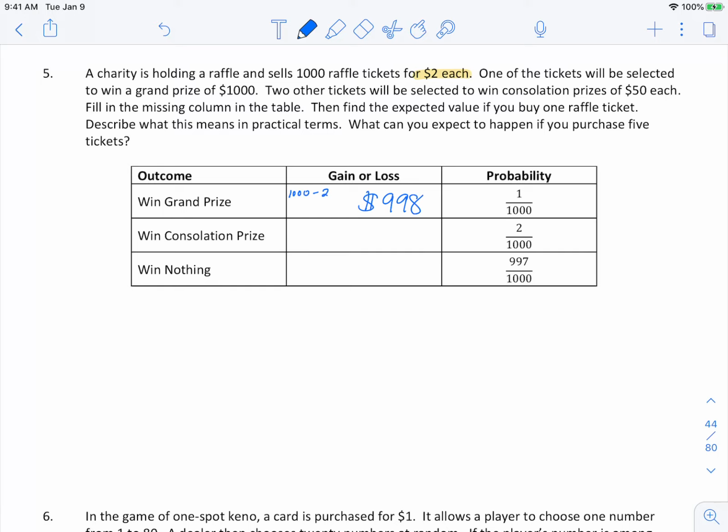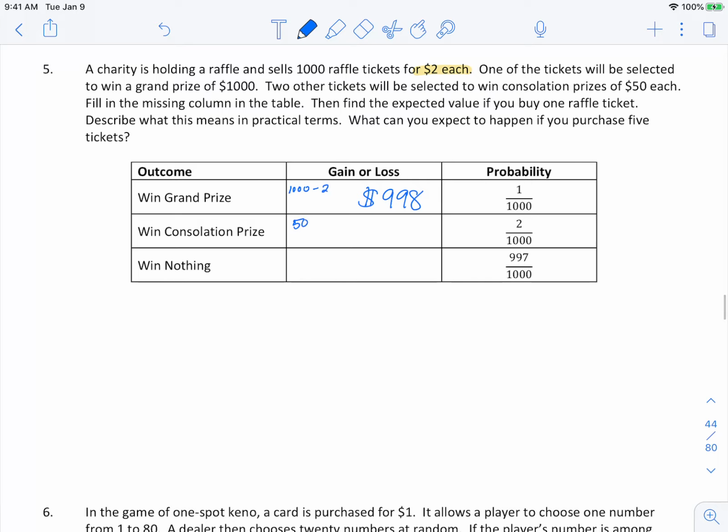Consolation prize, similar. Consolation prize is $50, but you purchased your ticket for $2. So your gain is $48. If you win nothing, you purchase the ticket still, so you have a loss of $2, and we indicate that with a negative.